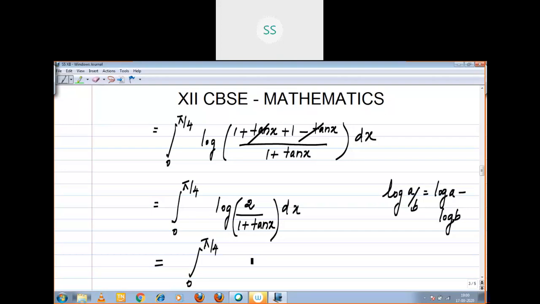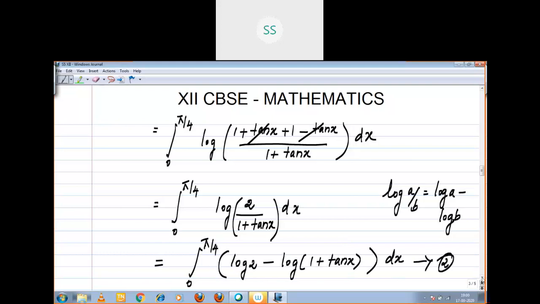Now you see, cancel. Then integral 0 to pi by 4 log of 2 divided by 1 plus tan x into dx.